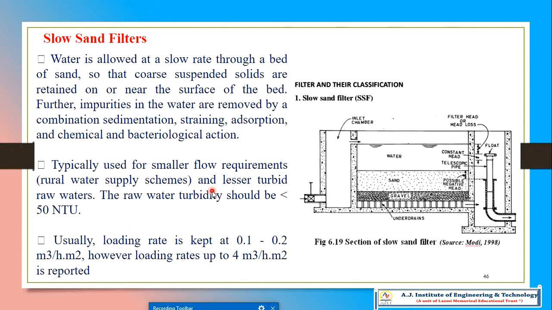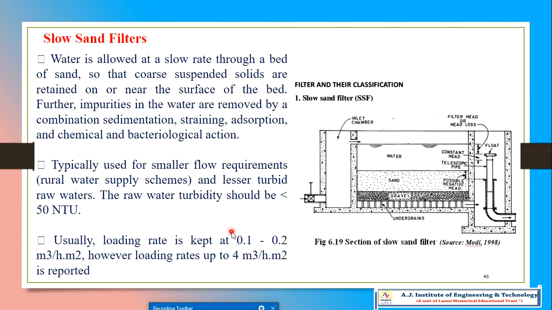In such places we can use the slow sand filter. The filtration efficiency is high, you can consider up to 90% removal rate, because it is a slow sand filter.